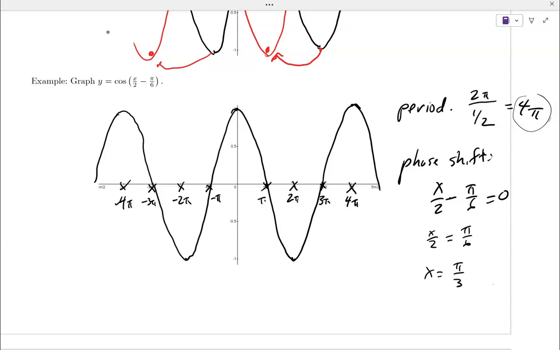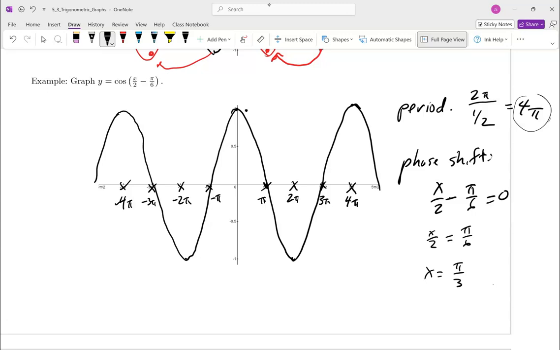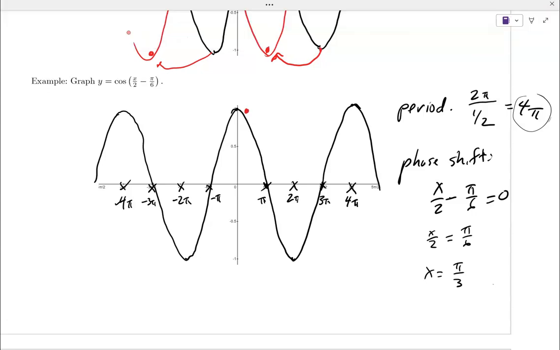Pi over 3. Notice that this scale now is pi here, right? So pi over 3 is a third of the way over to the right. So this will get moved over a little. Let me change the color. Sorry, it's a little bit easier to see. This gets moved over a third of the way. Third of the way.